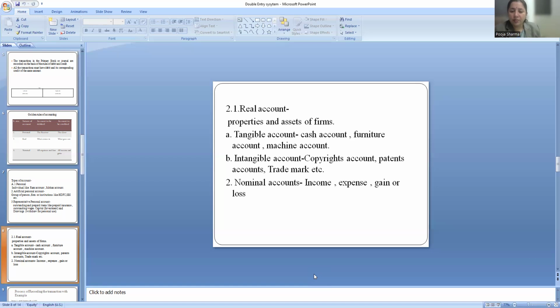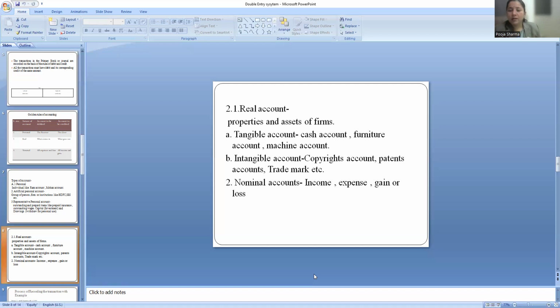It includes both tangible and intangible assets. Tangible assets are those we can see and touch, like furniture, machines, and buildings. Intangible assets we cannot see or touch, like copyrights, patents, and trademarks. These are intangible assets, and they come under IPR also.